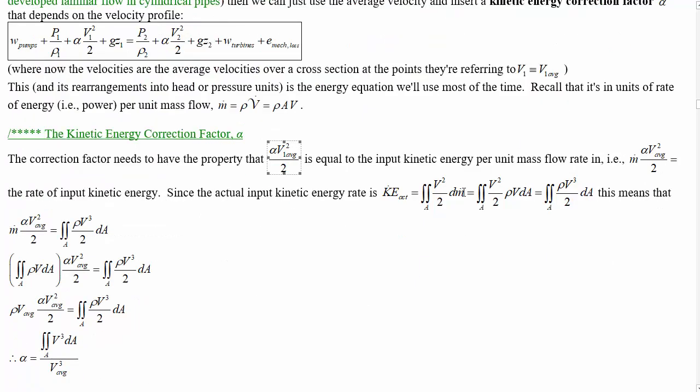So by defining that using an average velocity is equal to the actual kinetic energy flow rate, which you can calculate would be rho v cubed over 2 with respect to area over the inlet, you can figure out what the definition of the kinetic energy correction factor is. It's actually like an average over the inlet of velocity cubed divided by the average velocity cubed.